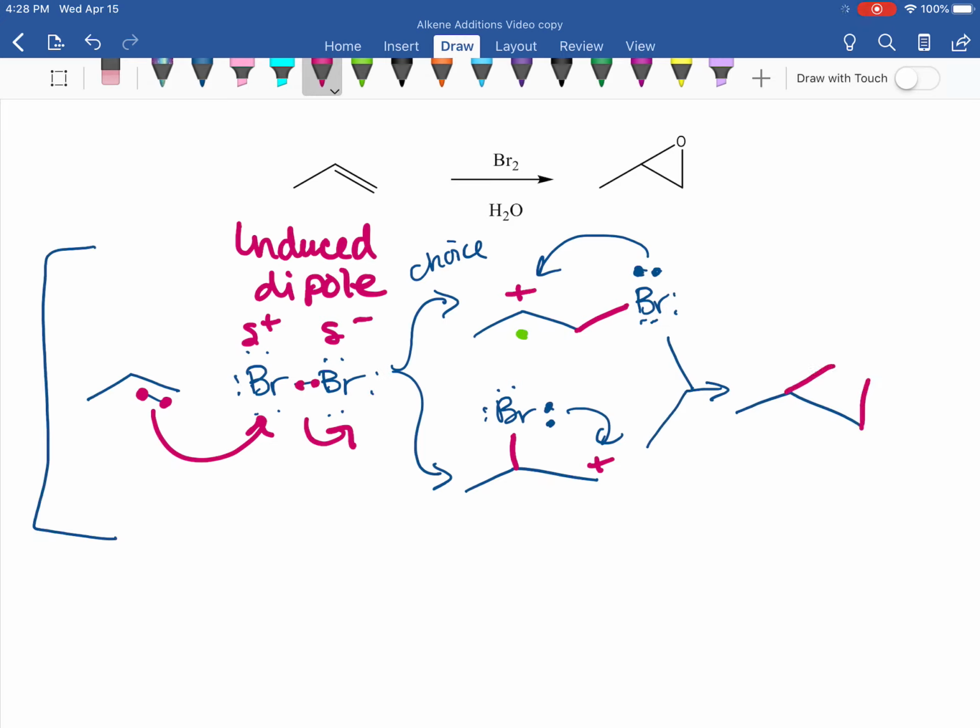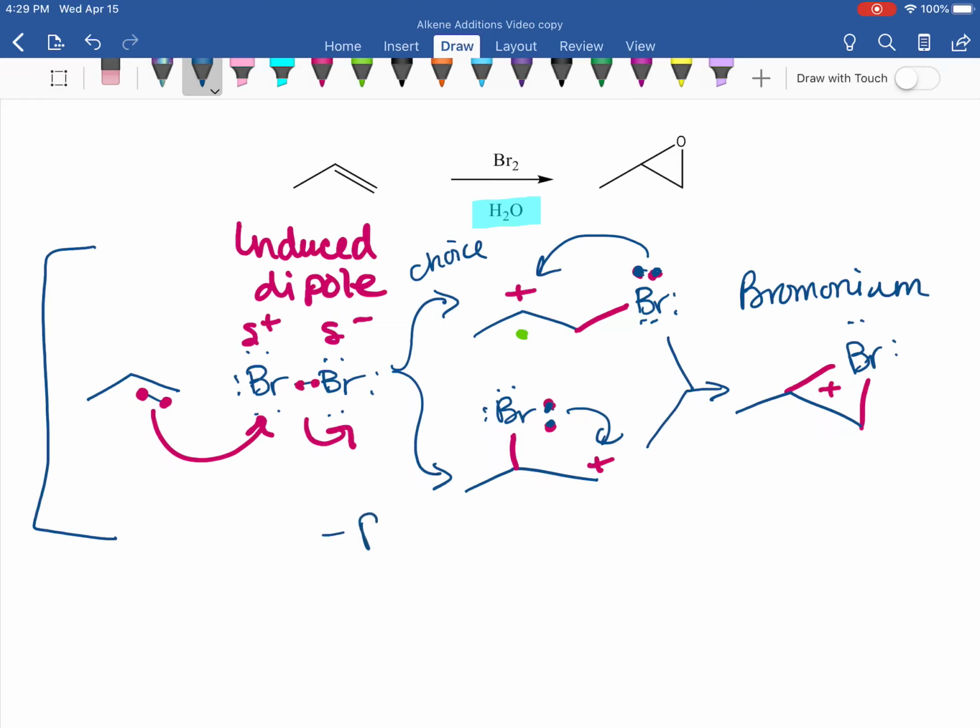So even though we've got some choices there, we end up getting back to that exact same place where we have just made, let's make those pink, that bromonium ion. So this is temporary. You know, bromine doesn't like to share that lone pair. So this is quite reactive. This is our bromonium ion. So this part is the same as our last video.